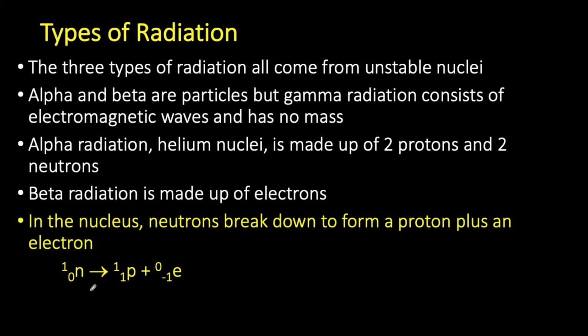So we've got that represented here. A neutron, which has a charge of 0 and a mass of 1, breaks down into a proton, which has that mass of 1 and a charge of +1, and an electron with a mass of 0 and a charge of -1.